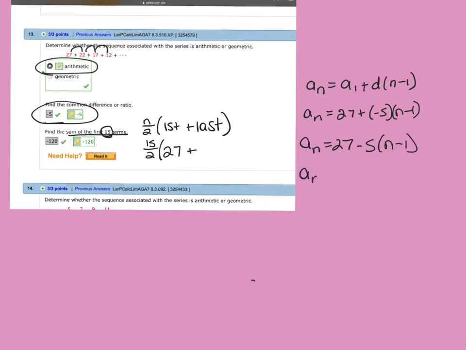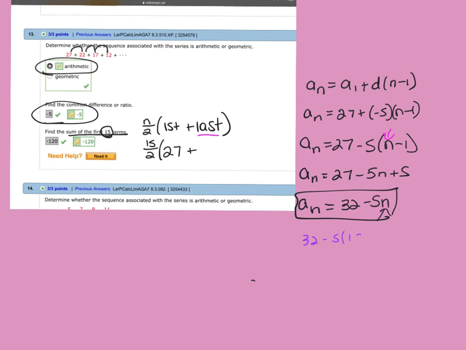Now I can go a step further. If I was answering this as what is the equation, then I would keep working. So this would be 32 minus 5n. But this case is not asking you for that. It's just asking you for the last. So you could plug the 15 into here or what we just got.